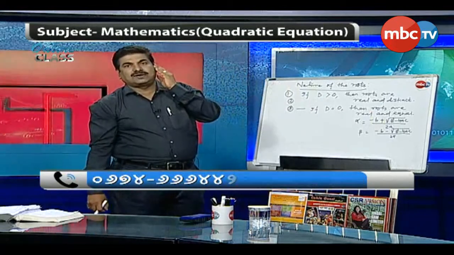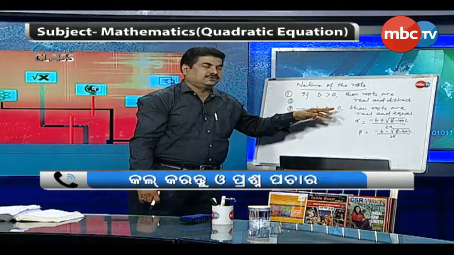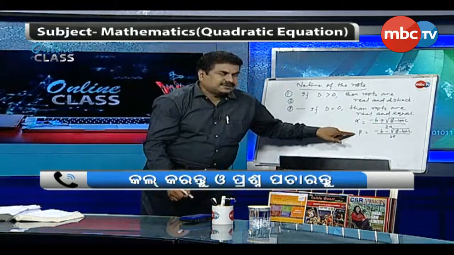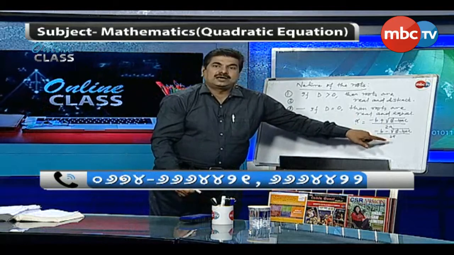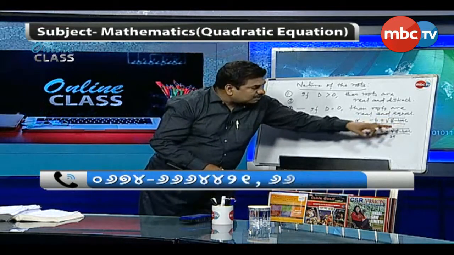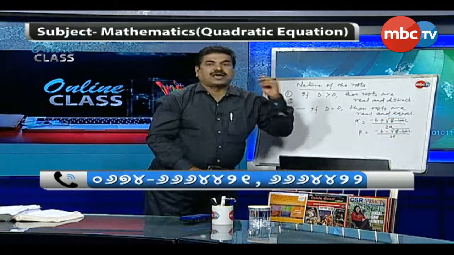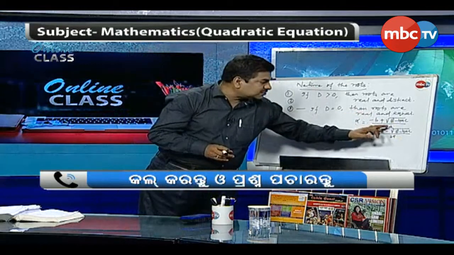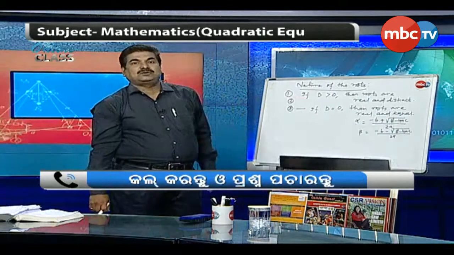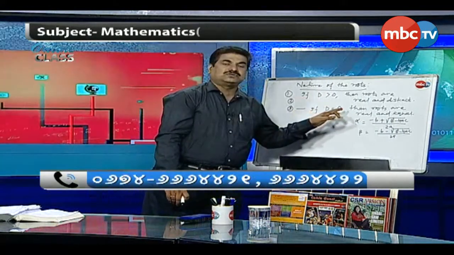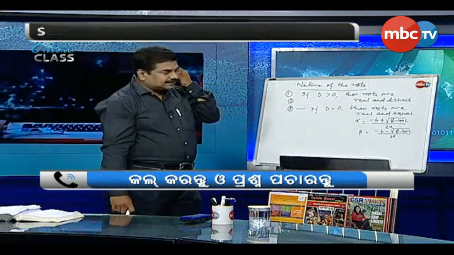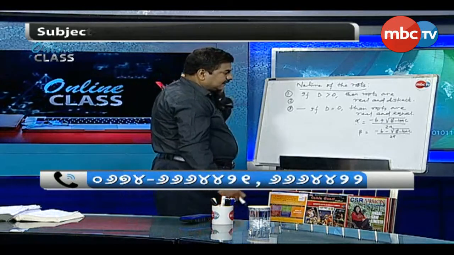If d is equal to 0, then alpha is equal to minus b by 2a and beta is equal to minus b by 2a, that means it has equal roots. That means if d is equal to 0, then the roots are real and equal.